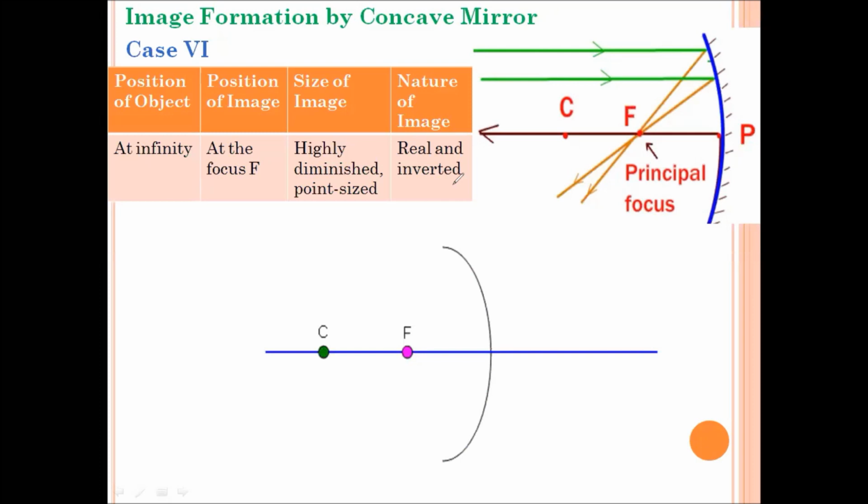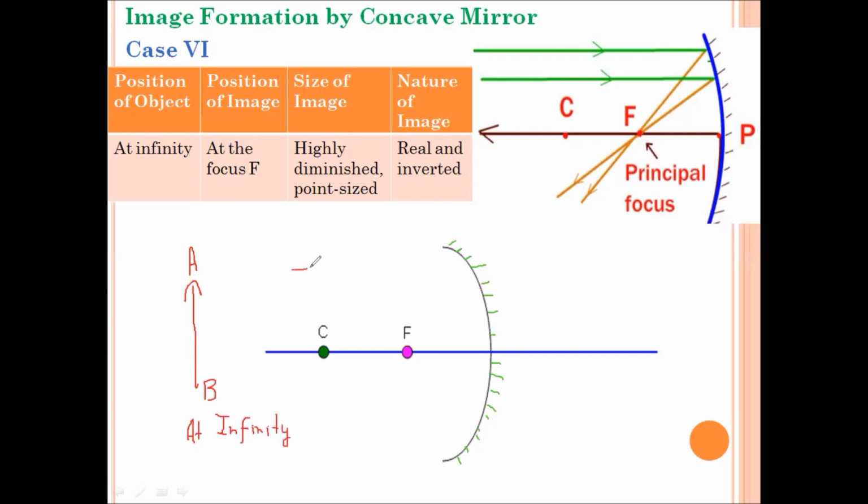Case number 6, when object is placed at infinity. Suppose this is our object AB, which is placed at infinity. So we are assuming that object is placed at infinity in this case.